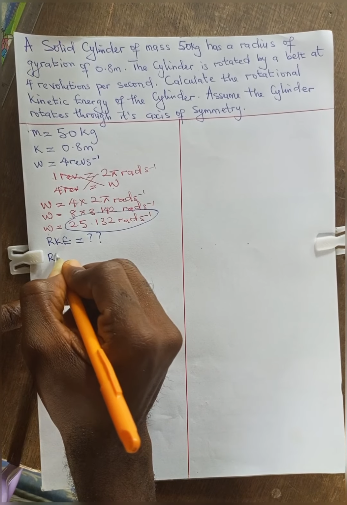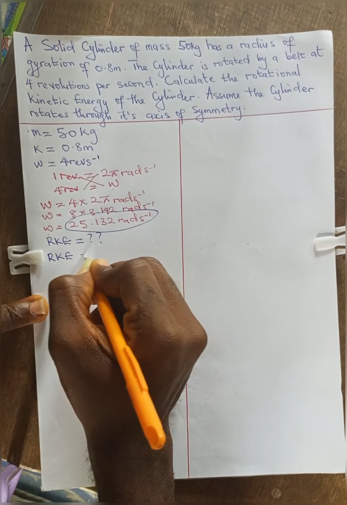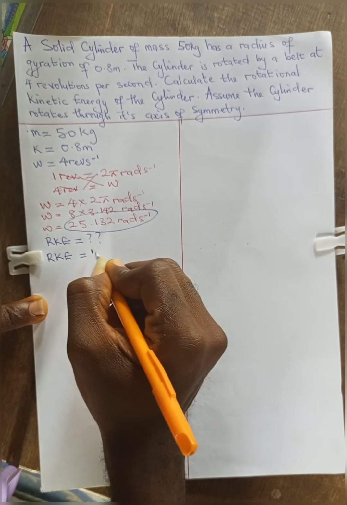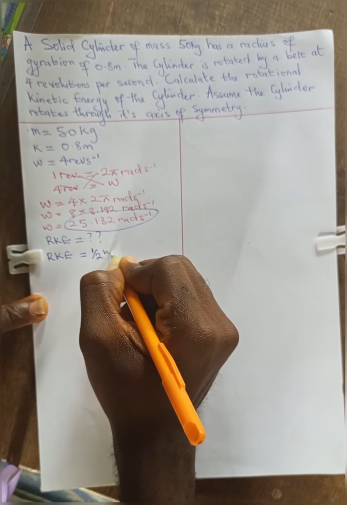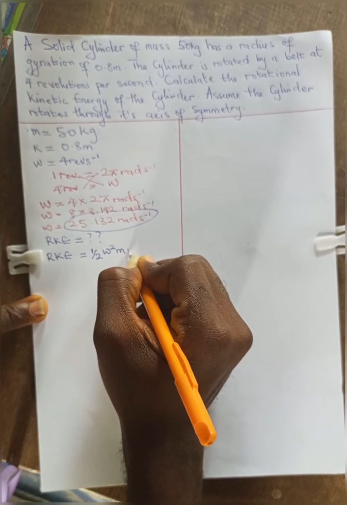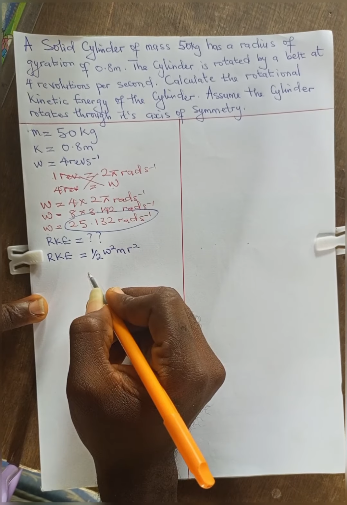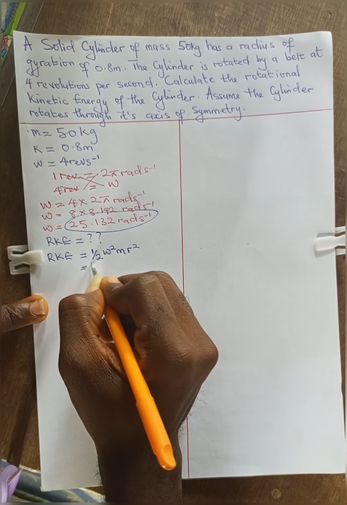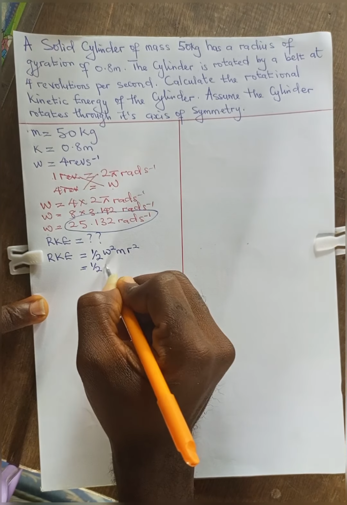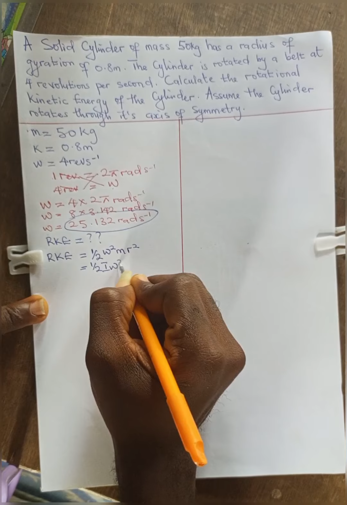Now remember say the formula for rotational kinetic energy na half m r square omega square. Now this formula, if you remember, we fit still write am as half I omega square.